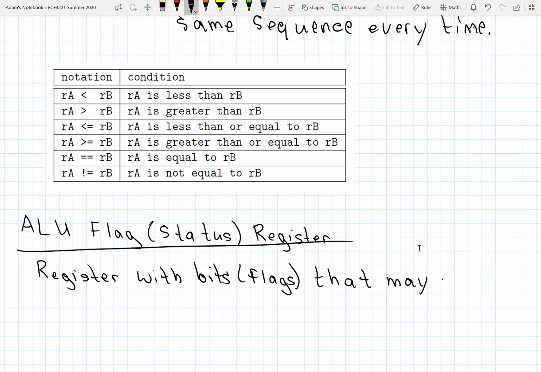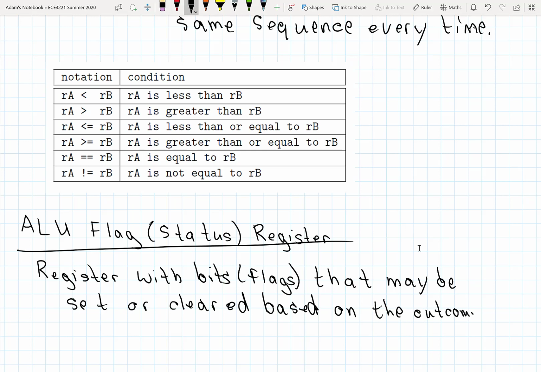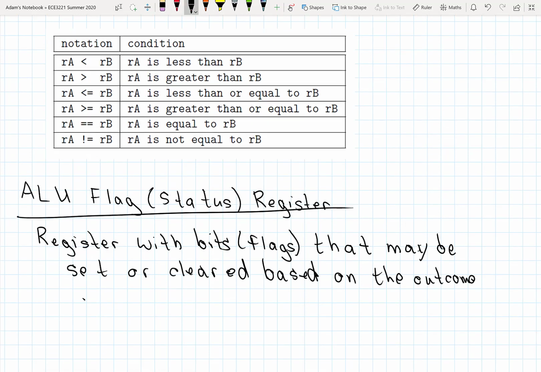Those flags may be set or cleared based on the outcome of ALU operations.